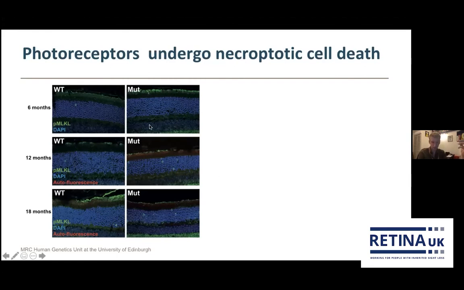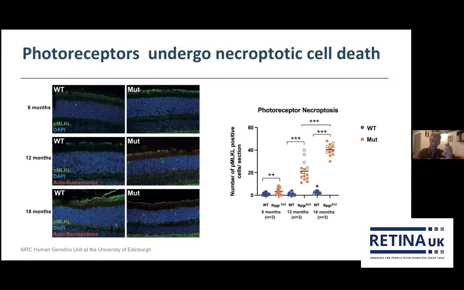And in the mutant, as the mouse gets older and as the cells start to die, more and more of these cells are positive for MLKL, which is this protein that is required for necroptosis. And what I'm showing you on the right here is a graph showing that the number of MLKL positive cells goes up and up and up as the mouse gets older and as the photoreceptors start to die. So this would be in keeping with necroptosis as a mechanism of cell death in RP.